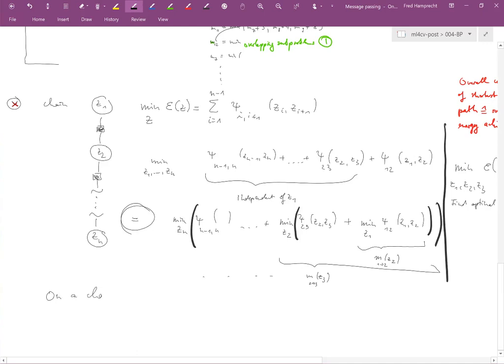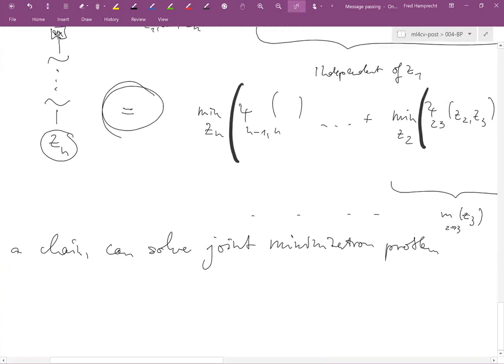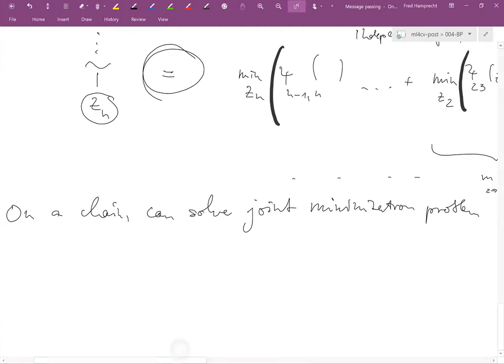So let's say on a chain, we can solve a joint minimization problem as a sequence of optimization problems.